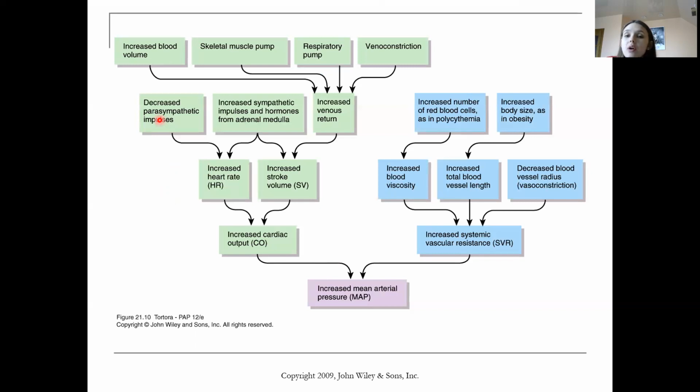Depression of the parasympathetic impulses and increased sympathetic impulses will be responsible for increasing heart rate. Also, we know that the sympathetic division is responsible not only for increasing the heart rate, but also for increasing stroke volume, which together increase cardiac output, which will lead to an increase of the mean arterial pressure.